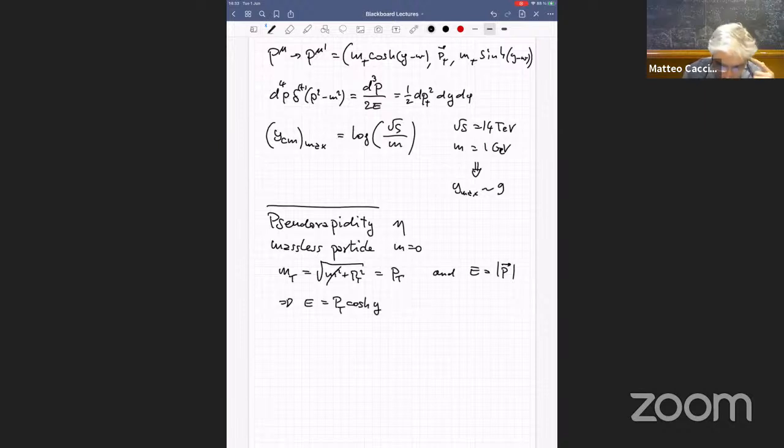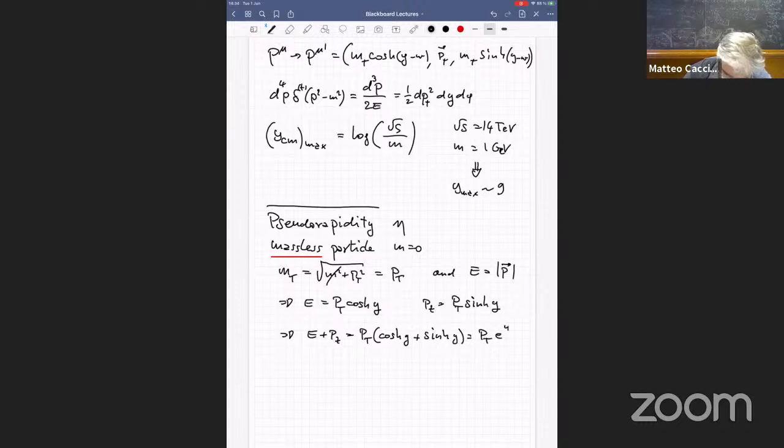Remember, it was mt here, but now mt is equal to pt. So for a massless particle, we are in this particular case, and pz is pt sinh y. Now this means that E plus pz is nothing but pt times cosh y plus sinh y, which is nothing but pt e to the y.